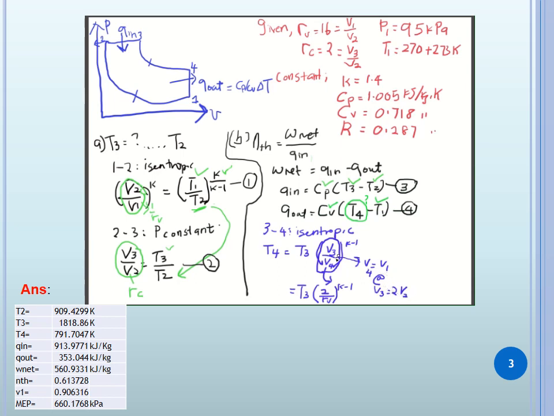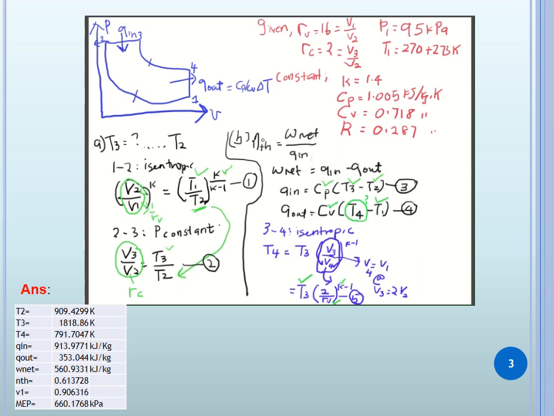So when we substitute all these things and simplify, we can have this equation number 5. In equation number 5, we take a look that we have T3 values, we have RV given and K as a constant, and from there we can calculate T4. We can calculate the temperature at 4.